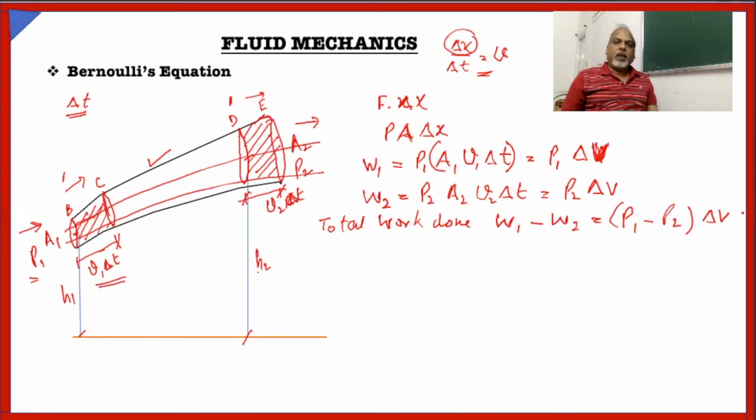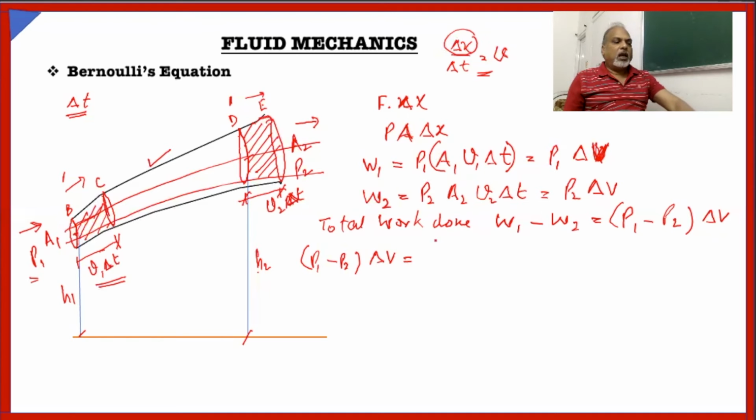Correct? Now, this total work done must bring some change in other energies. Because when you are doing some work, then there must be some change in the energies. So what is that change?